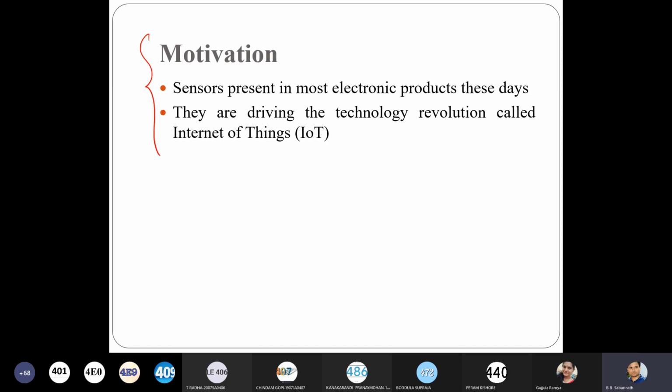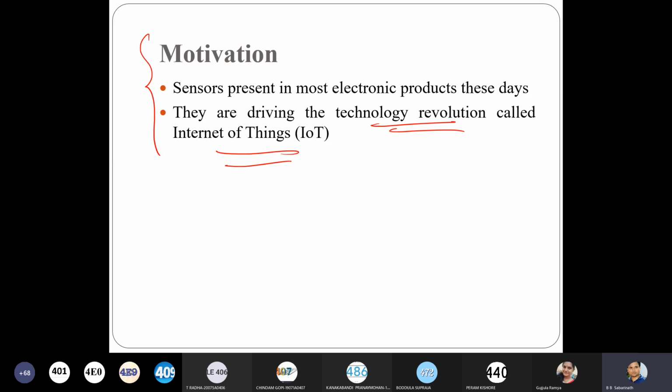To turn on the motor, you will have some actuator. Like that, many sensors and actuators are located in all these electronic smart products. Even this is driving the technology revolution called IoT. People say IoT is not possible without sensors. The data generators for IoT are sensors.